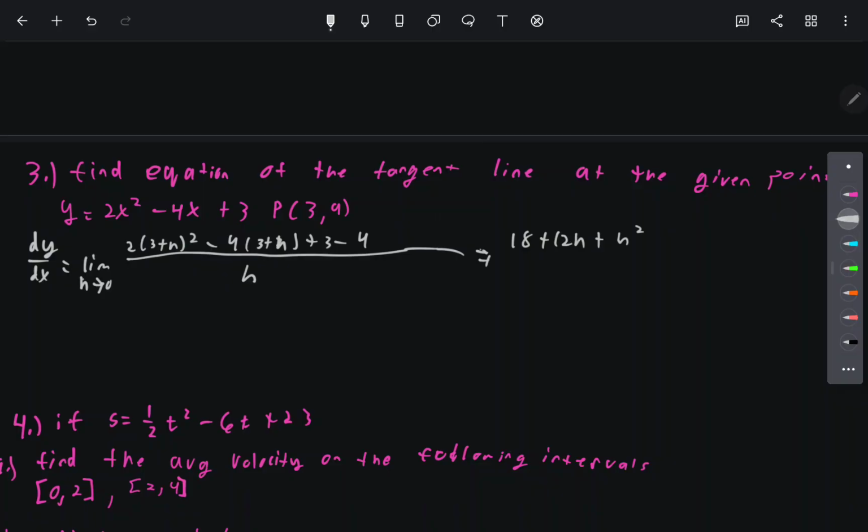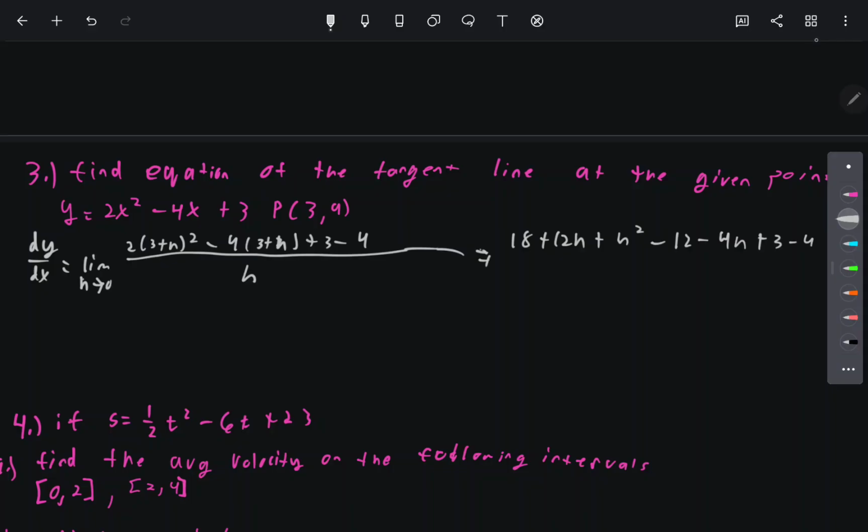Twice the product, and then times that by 2. Minus 12h, or sorry, 12 minus 4h plus 3 minus 4. And something's not adding up here.